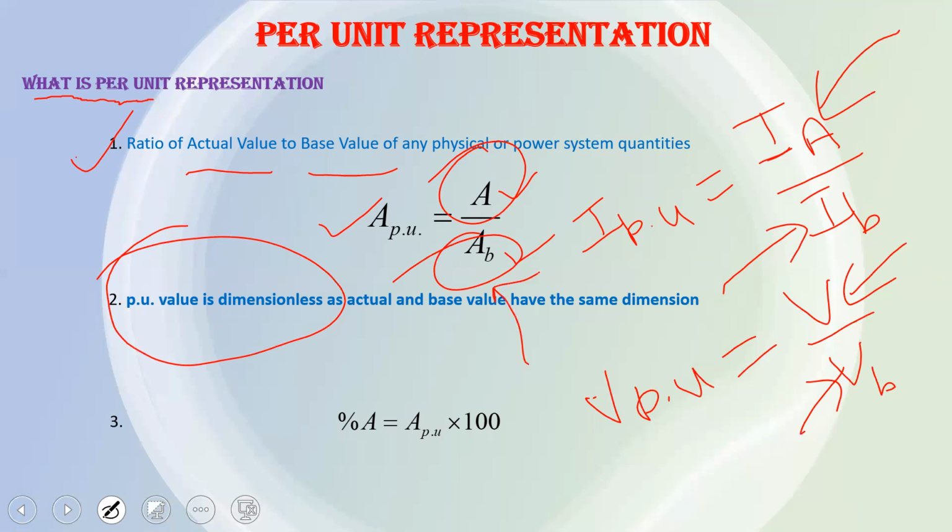What is the base value? I will discuss this also: how you will select the base value. This is also a very important concept, and I will discuss it in the next slide. So for this slide, you must understand how you will calculate the per unit value of any given physical quantity.